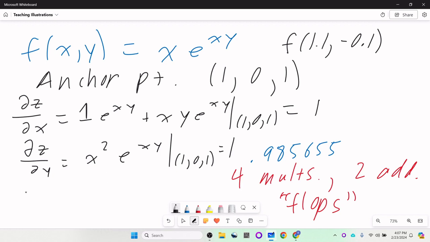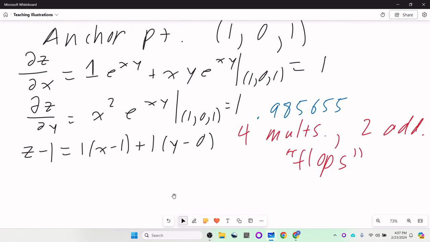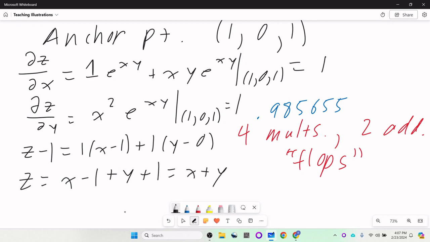So the function would be z minus 1 would equal, I guess I'll write it anyway just to be safe, 1 times x minus 1 plus 1 times y minus 0. So z equals x minus 1 plus y plus 1, which is x plus y.